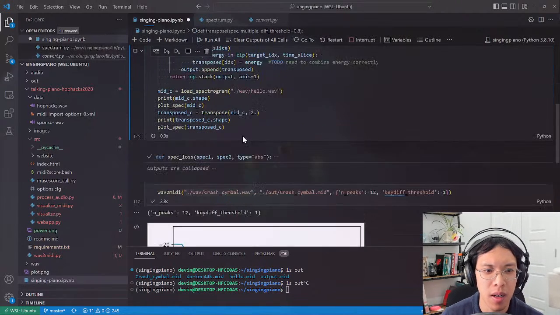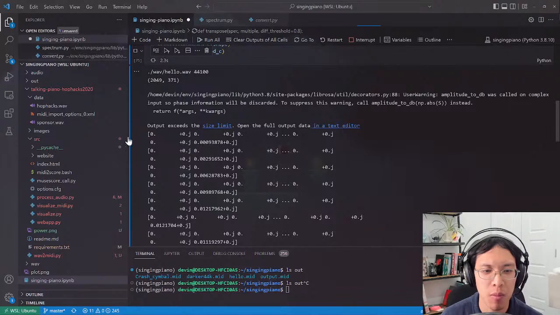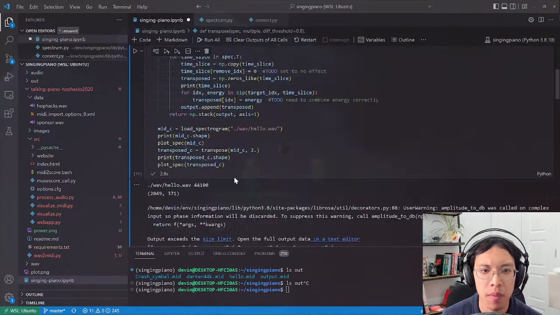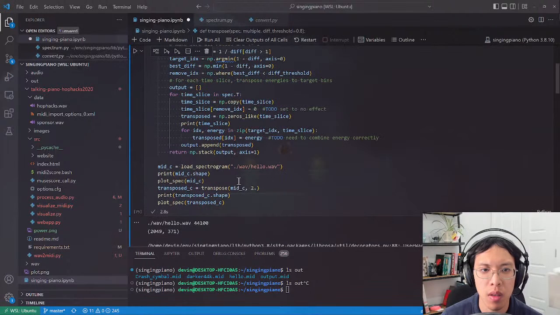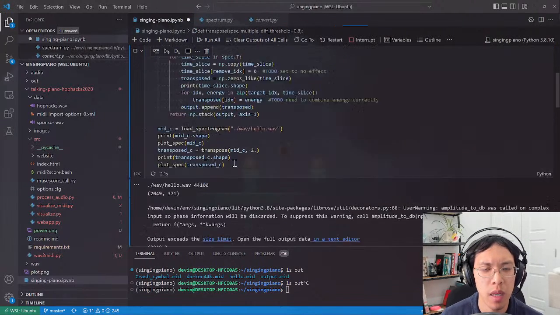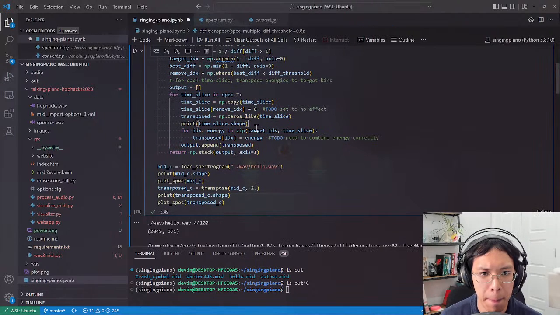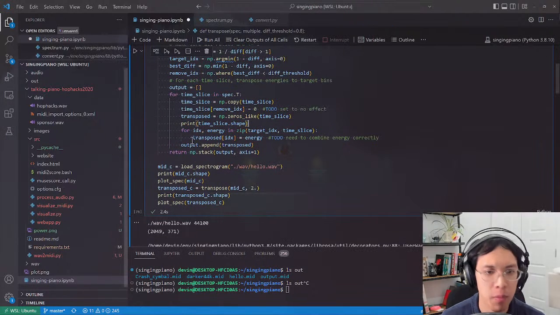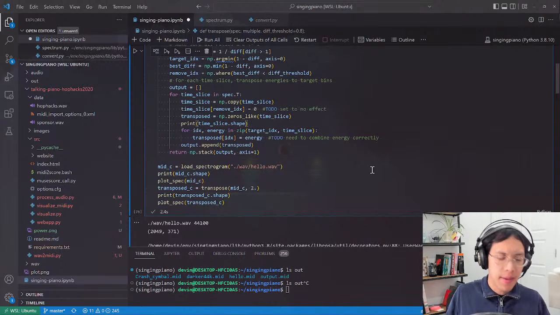That's actually odd. I haven't worked with NumPy and complex numbers before, so this is new. Okay, so that's fine. Is time slice the correct dimensions? Let's check that. Yes, that's fine.